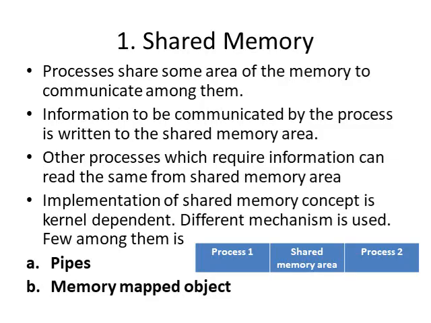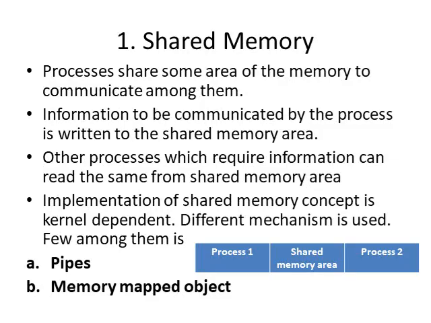So if the communication has to occur, how does it occur? Any process that wants to communicate information to some other process will write the information to be shared in the shared memory area, and all other processes which require this information, either to execute or to do further processing, will do a read operation from the same shared memory where the first process has written the information.